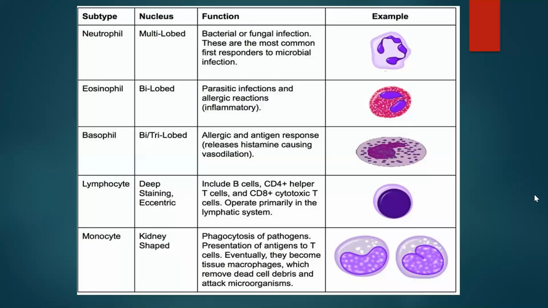If you see the structure, the nucleus inside this is multi-lobed. Multi-lobed means many bulges are there, right? 1, 2, 3, 4, 5, I can see. So what is the function of neutrophils? The function is against bacterial or fungal infection. These are the most common first responders to microbial infection.